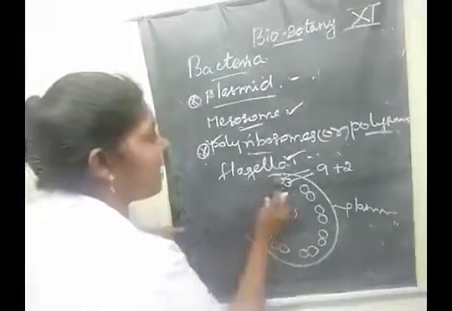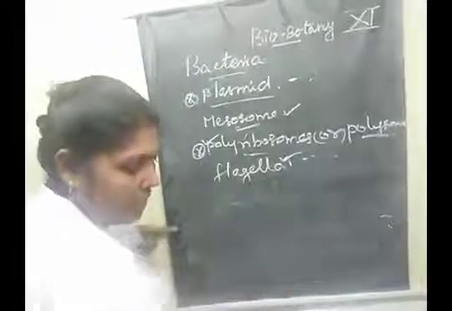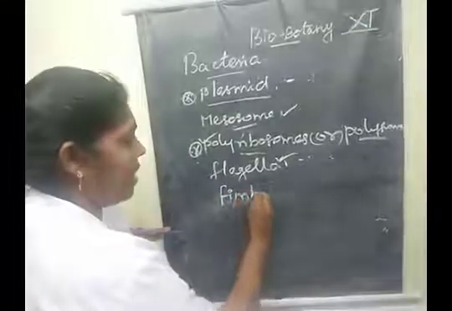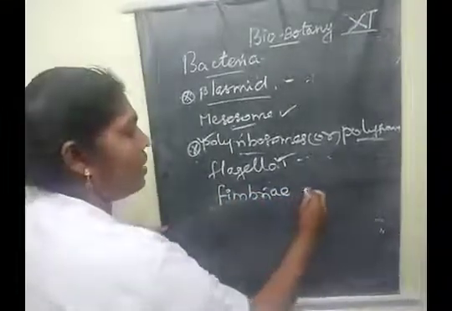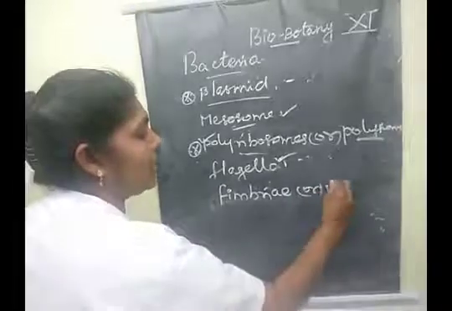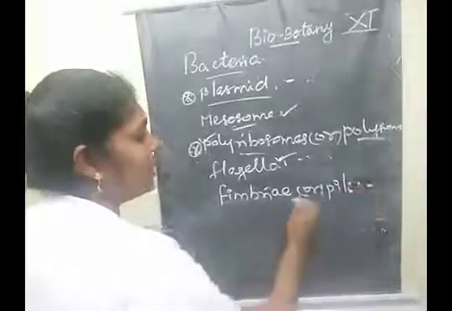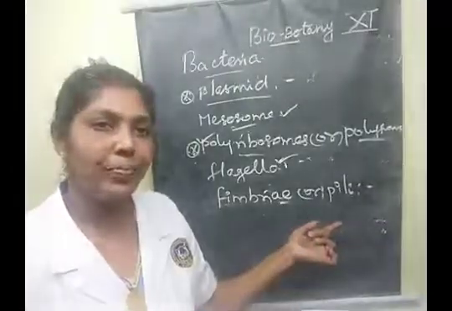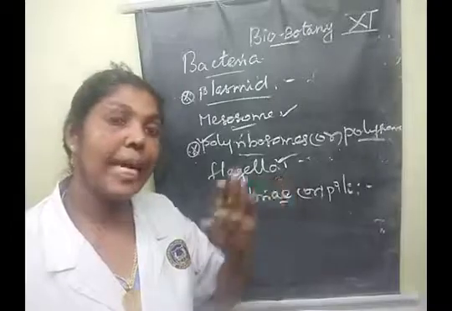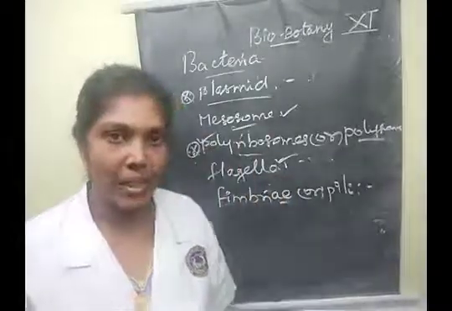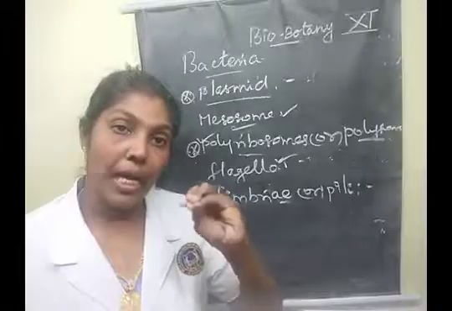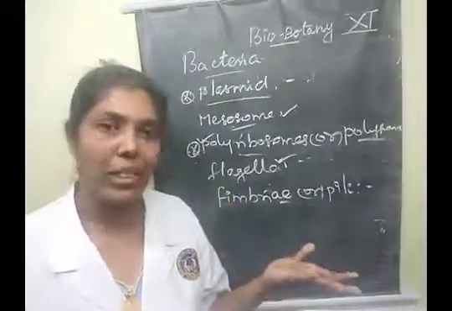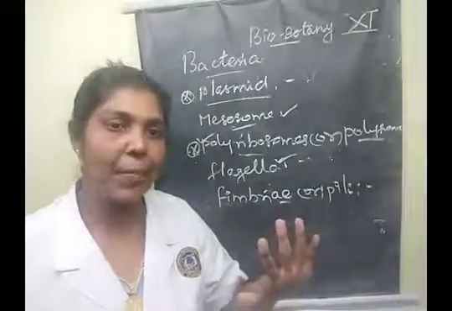Pili are found in some gram-negative bacterial cells, for example enterotoxigenic bacteria. These are the bacterial cells.